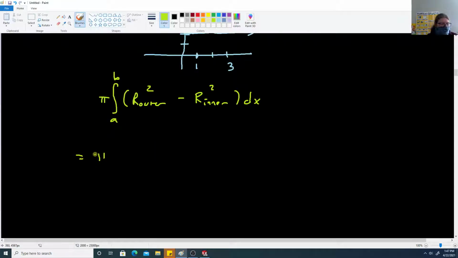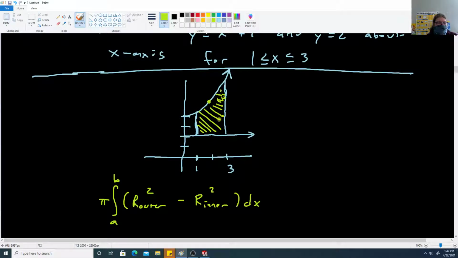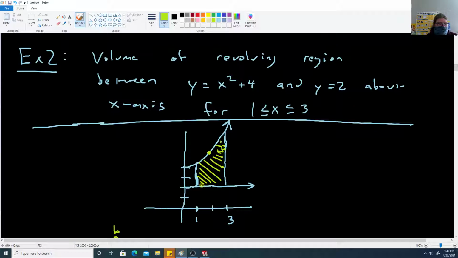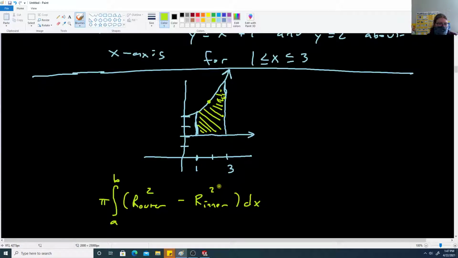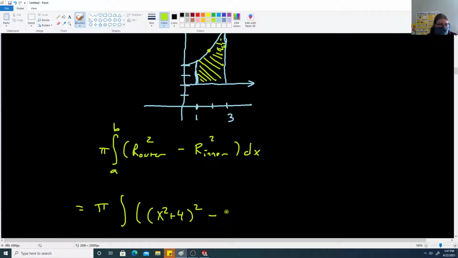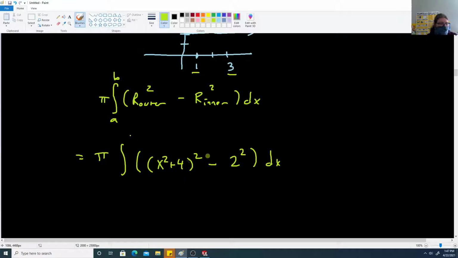So this will equal pi, and we'll get our limits of integration in a second. The outer radius will be the x squared plus 4 function, so we have the outer radius squared. The inner radius is given by y equals 2, so that'll be minus the inner radius squared, which is minus 2 squared. And for our limits, we're integrating from x equals 1 up to x equals 3.